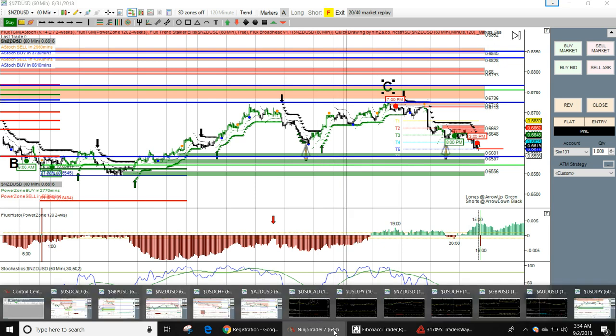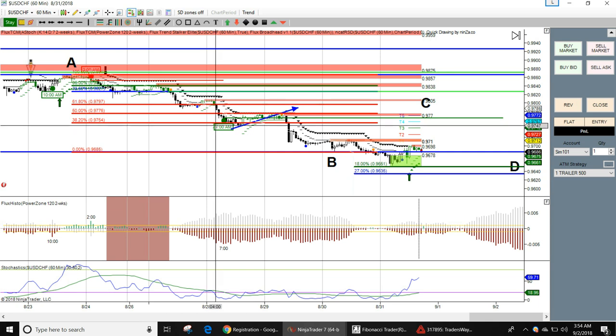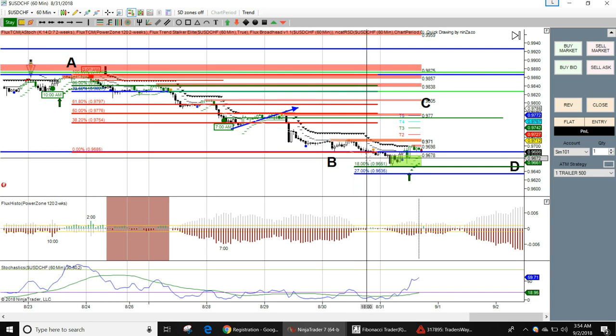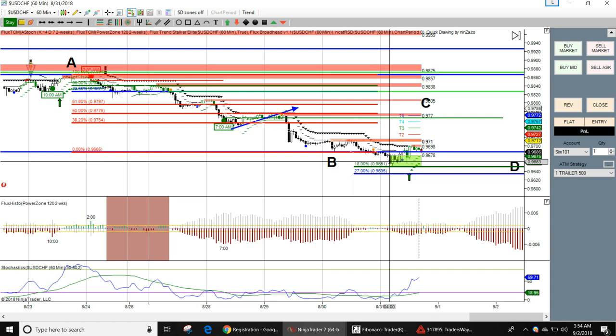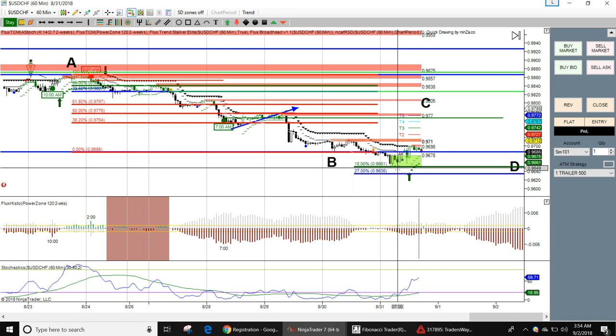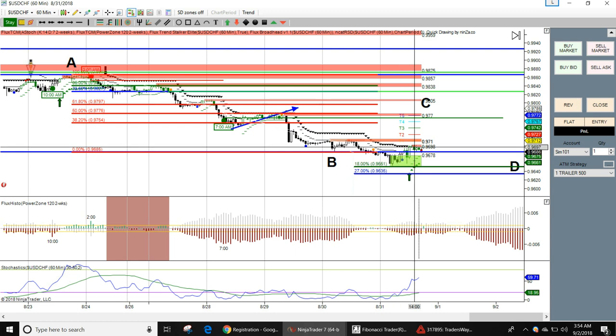Okay, next up is going to be US dollar Swiss franc. This one hit an extension pretty quickly, so we had to pull a new swing. And the A is up here at 98.65, and the B is at 96.88. So less than a 382 bounce at the moment because it kept going down. Took the B low right out, hit the 118. Now it's pulling back.